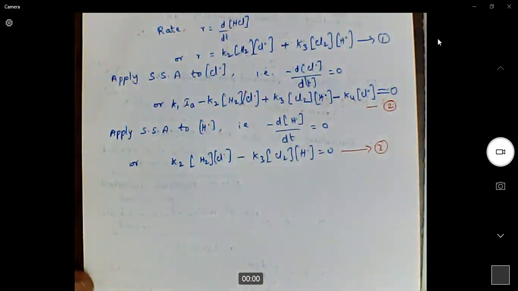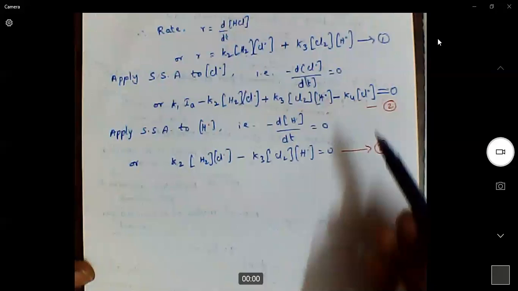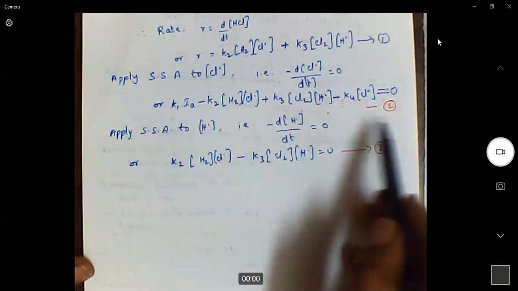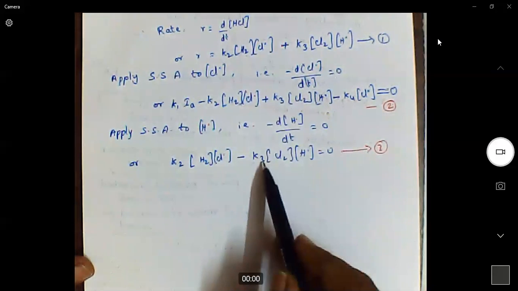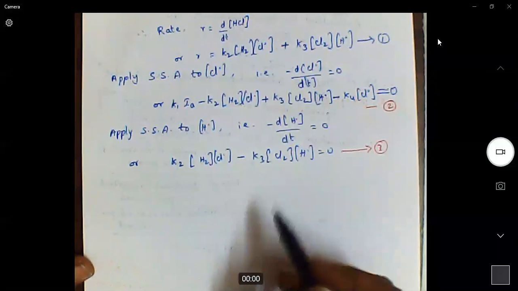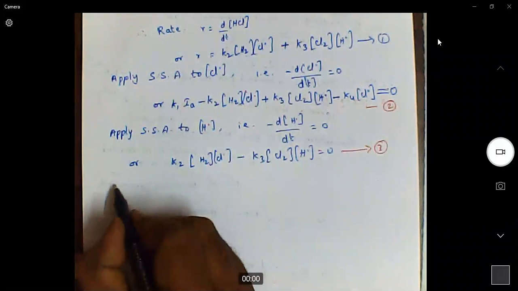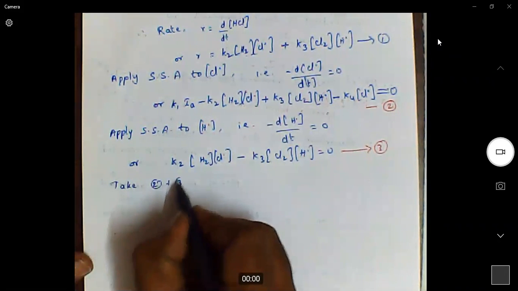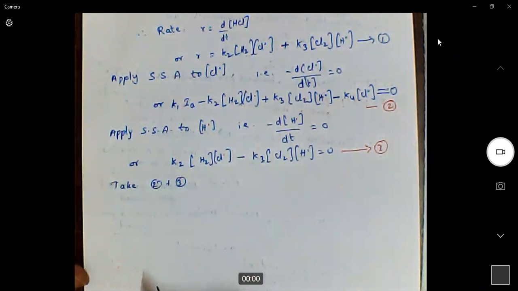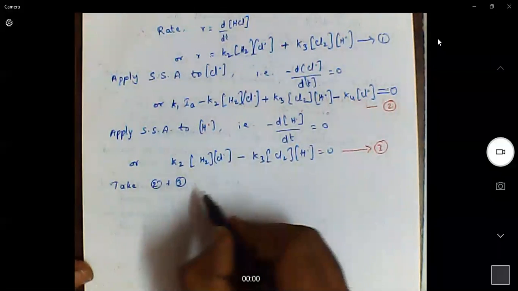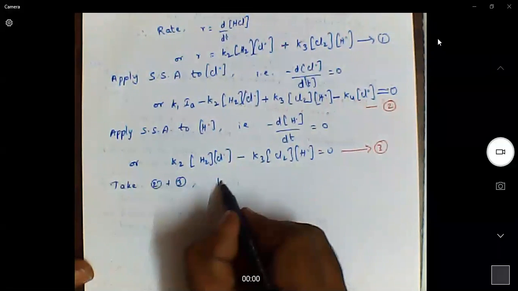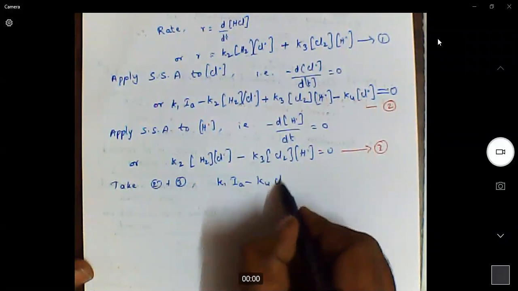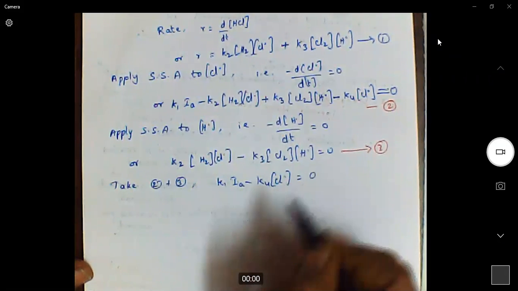Now, in order to simplify them, compare these two equations. In the second equation, the K2 term is minus and the K3 term is plus. Here it is exactly opposite. So to simplify, just add equation 2 and equation 3. We will get K1 into Ia minus K4 into Cl radical is equal to 0.